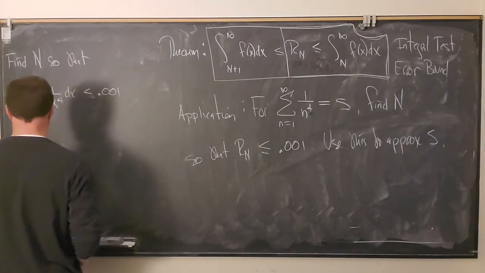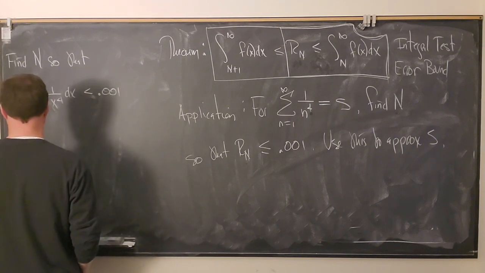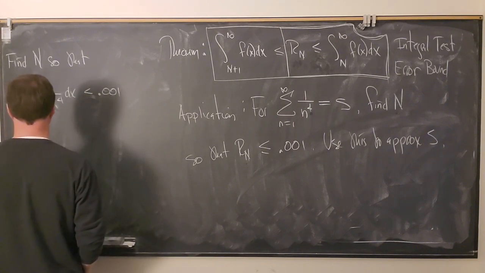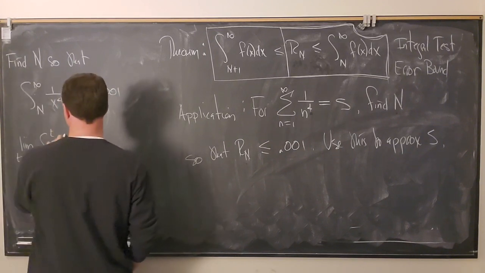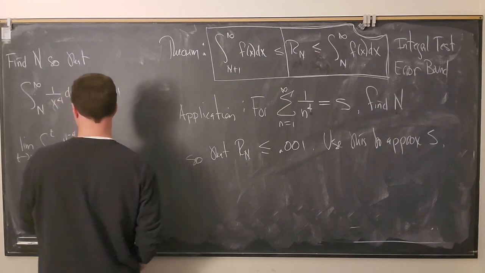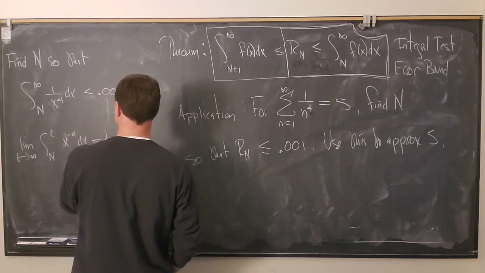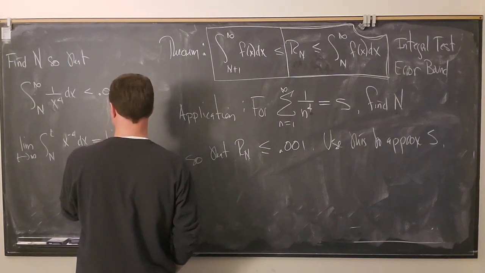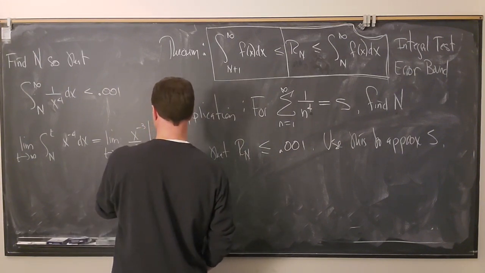Okay, so let's compute this improper integral. We get the limit as t goes to infinity of the integral from n to t of x to the minus 4 dx. Compute the antiderivative: x to the minus 3 divided by minus 3, evaluated from n to t.